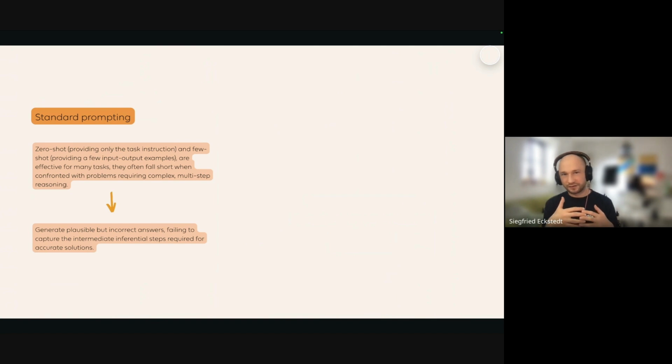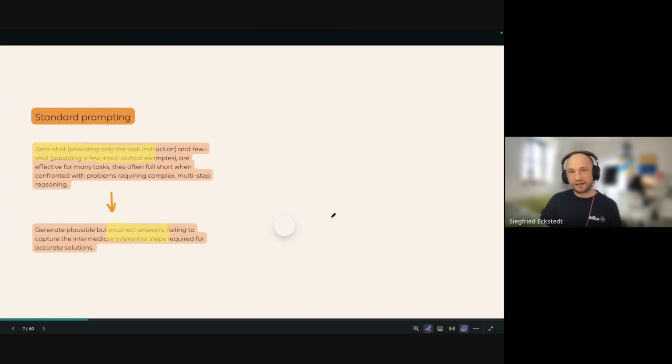So this is where usually with standard prompting, we have shortcomings, because with either zero shot or few shot approaches, so providing one example with a task or just a few input-output examples, you might get something plausible, but it might still be incorrect. And maybe that's something that you have experienced in the past, and this is what motivates this whole session the best.